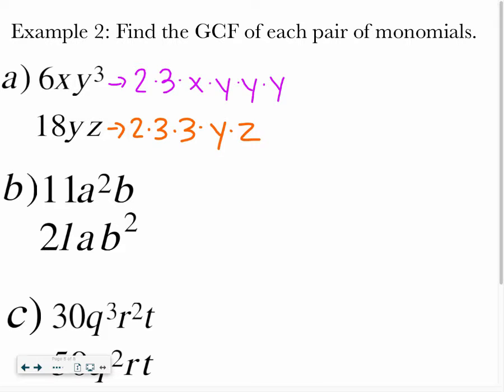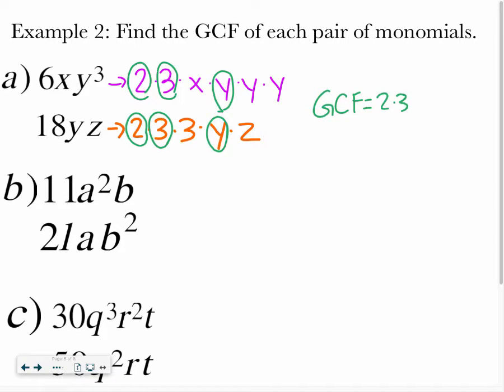So now I go through and I see I have a 2 in both of them. I have a 3 in both of them. I have a y in both of them, and that's everything. So my greatest common factor equals 2 times 3 times y, or 6y. Okay? So that's how we find our greatest common factor.